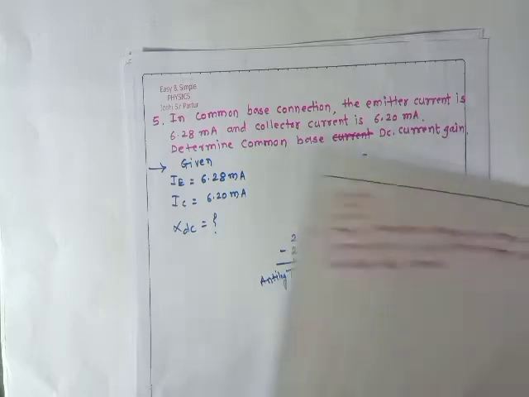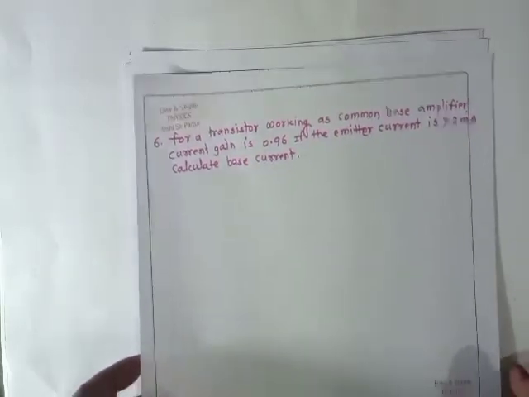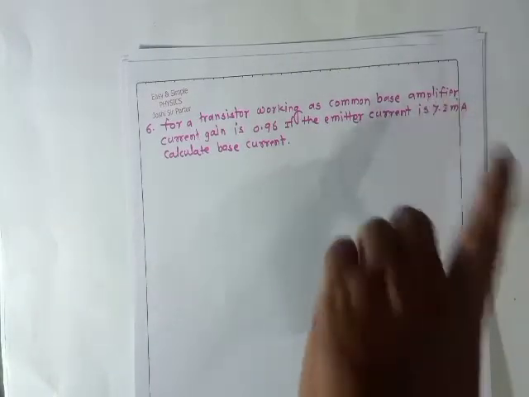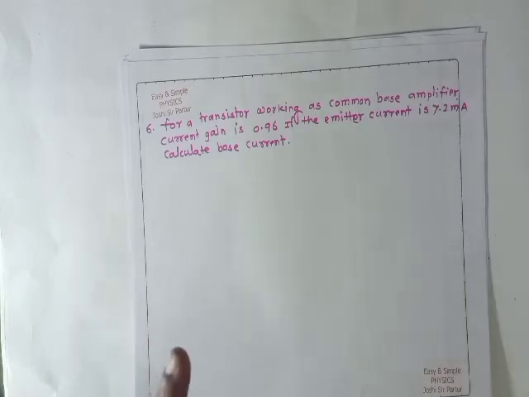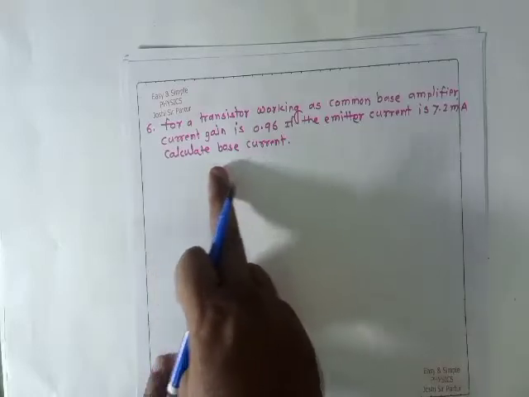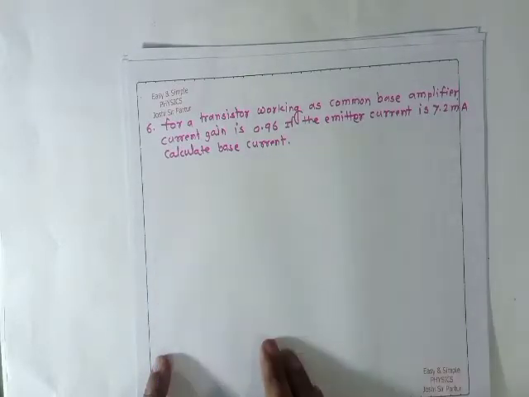If we see another question, that will be question number 6. For a transistor working as a common base amplifier, current gain is 0.96 and the emitter current is 7.2 milliampere. Calculate base current.